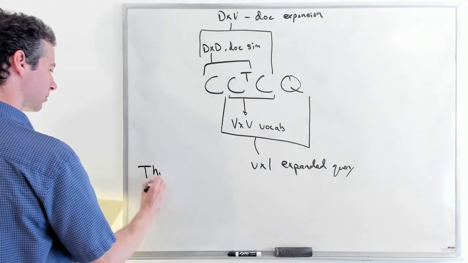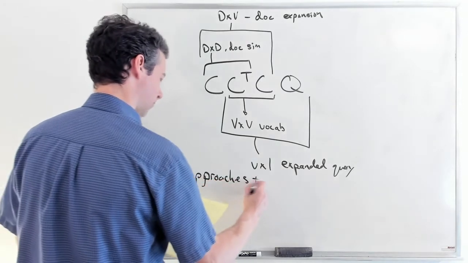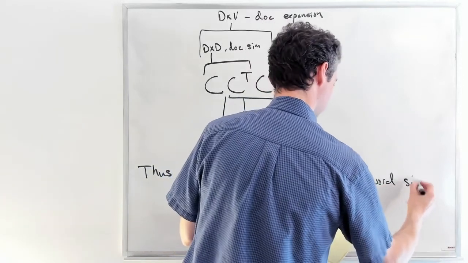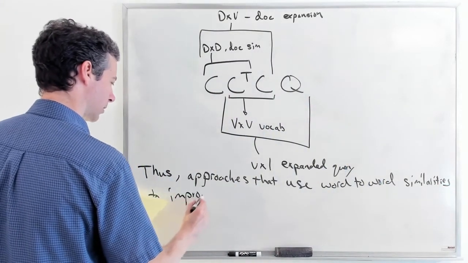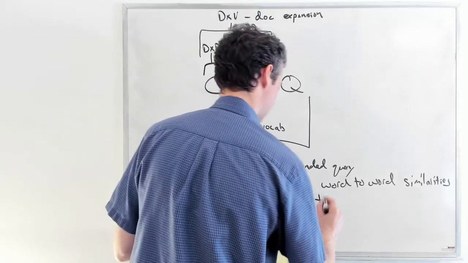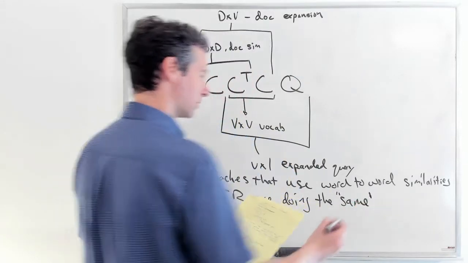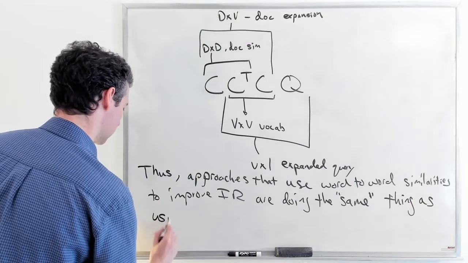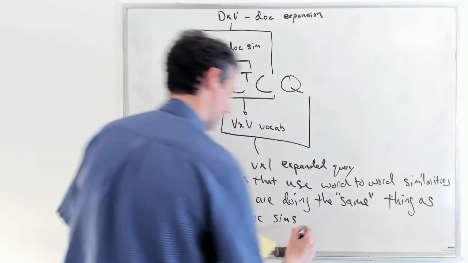So let me write this out in words for everyone. Thus, approaches that use word-to-word similarities to improve information retrieval are doing the "same" thing, I'll put it in double quotes because it's not exactly the same, but the idea is the same, as using document-to-document similarities.